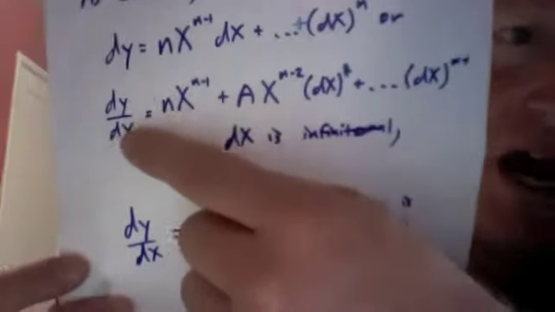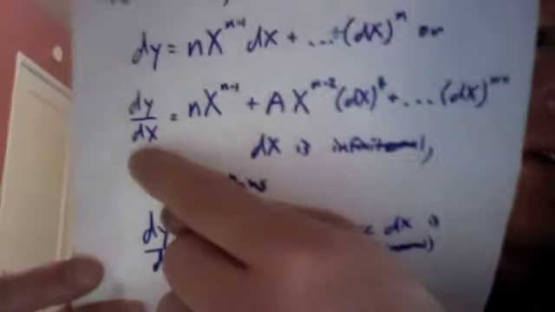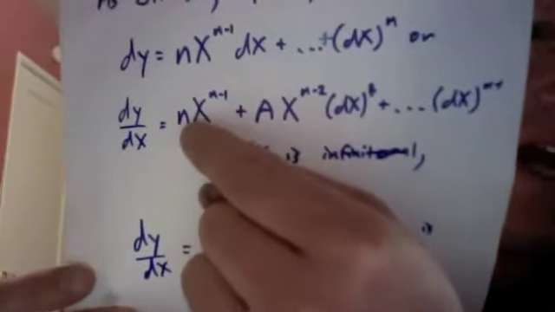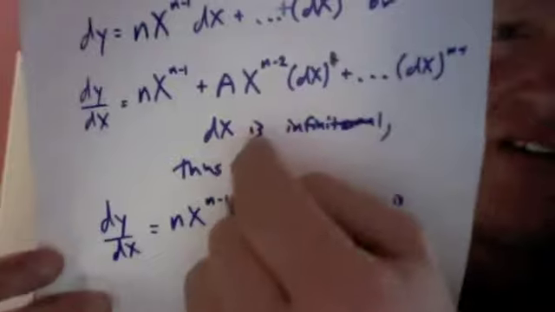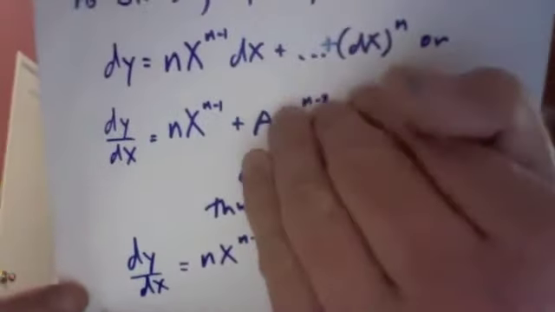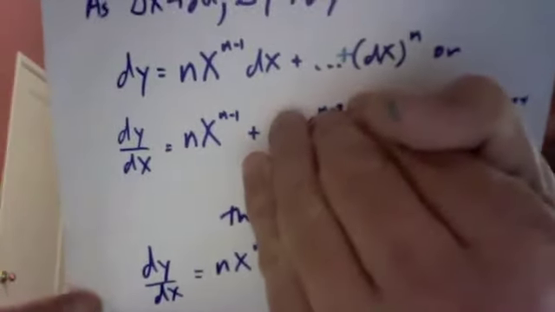But fortunately, this is going to go away because I divide both sides by dx, and then I have n times x to the n minus 1 plus a bunch of terms with dx, and since dx is infinitesimal, I just don't worry about them. Okay, so that's all covered up.